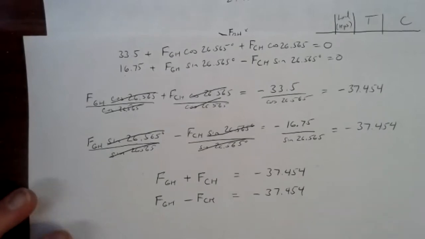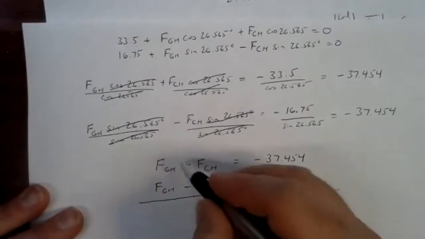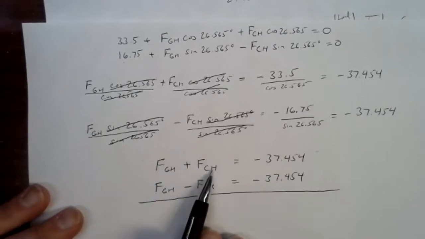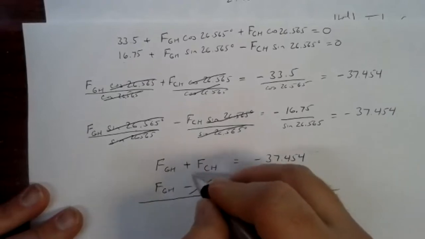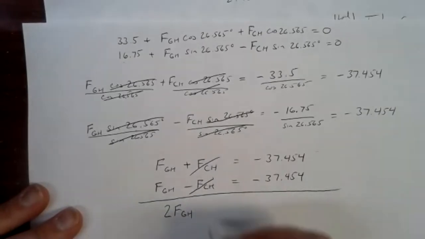Because now, to solve these, we can add the two equations together. On the left side, when we add these two equations together, we have FGH plus FCH plus FGH minus FCH. The FCH's cancel out, and we have 2 FGH equals negative 37.454 minus 37.454.